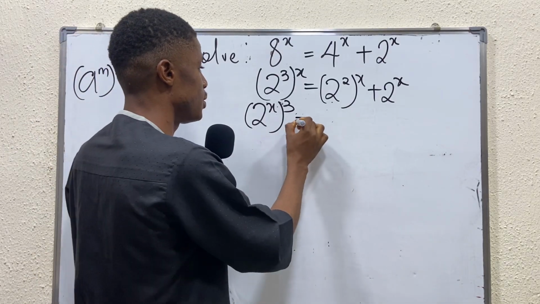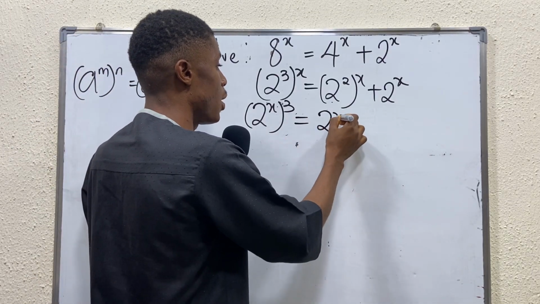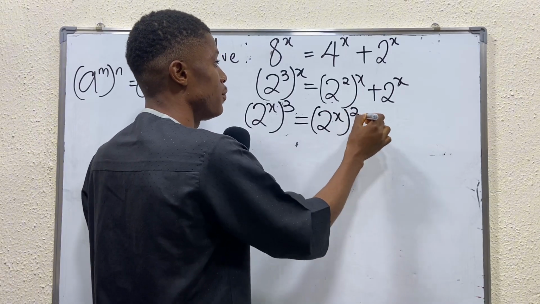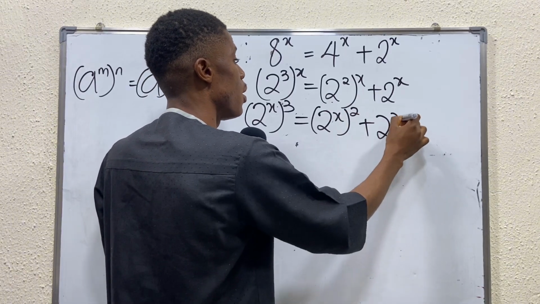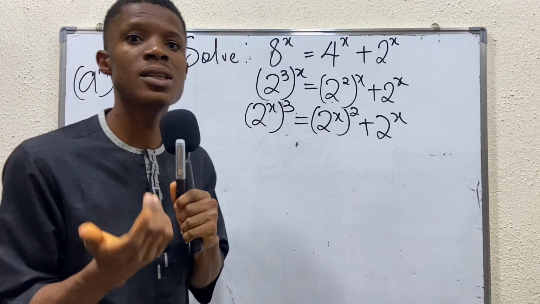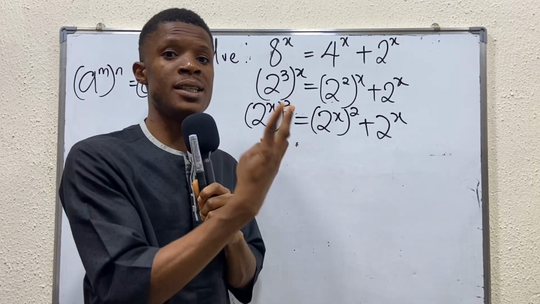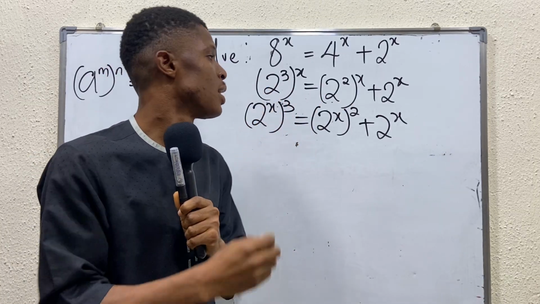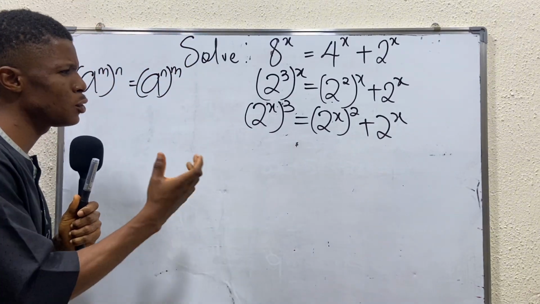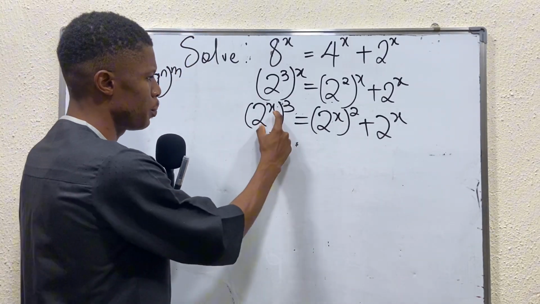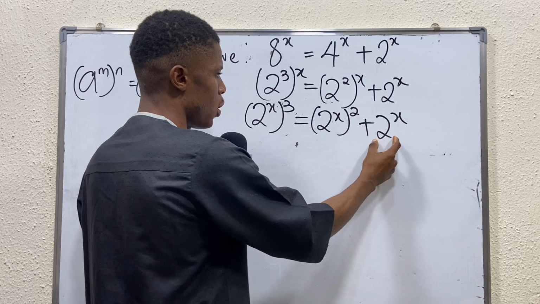And at this point, you have it equal to 2 to the power of x, then raised to the power of 2, plus 2 to the power of x. At this point, nothing has changed. It's just the same thing. You can still flip their positions. Then the next thing we look at, there is a little bit of similarity: 2 power of x, 2 power of x, 2 power of x.